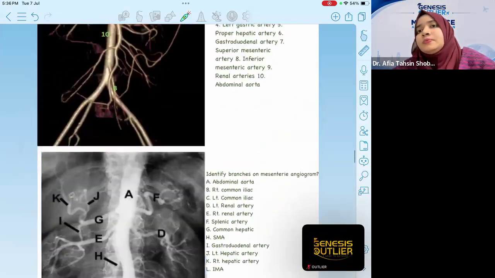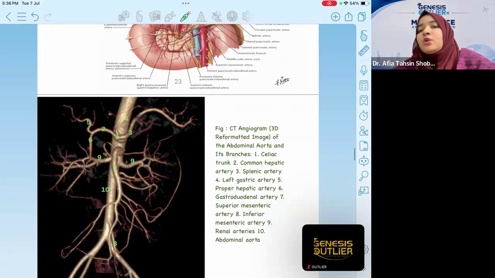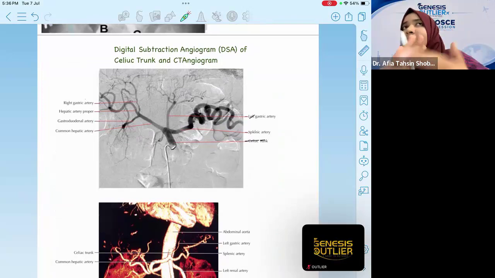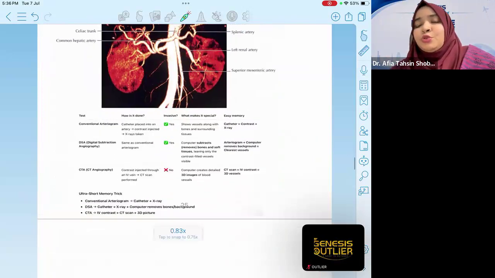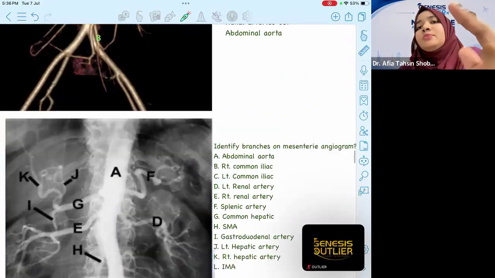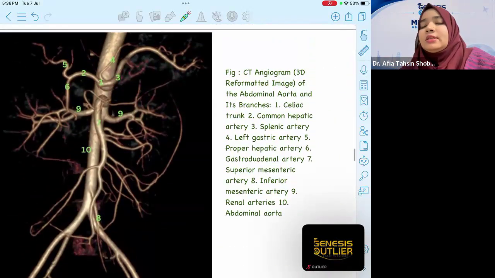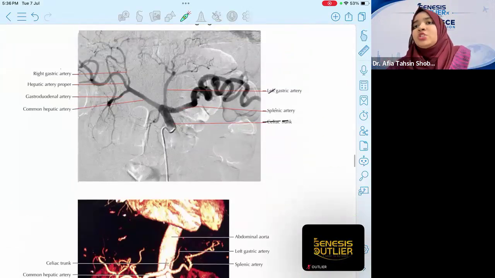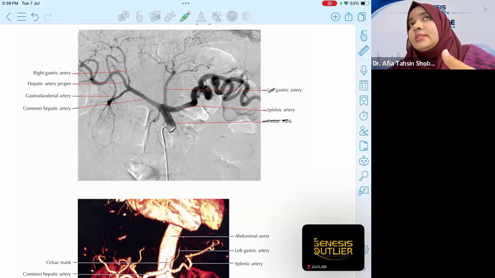Now, this is very important, although it is out of our exam concept. We should know what is conventional arteriogram, what is DSA or digital subtraction angiography, and what is CTA angiography. Because in the exam, when the examiner asks about pictures like that, how can you distinguish which type of radiological image it is?